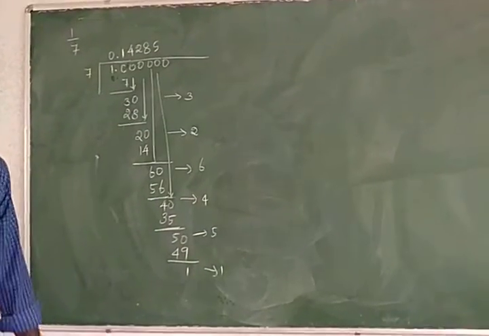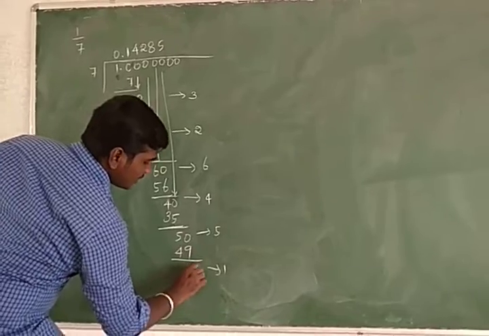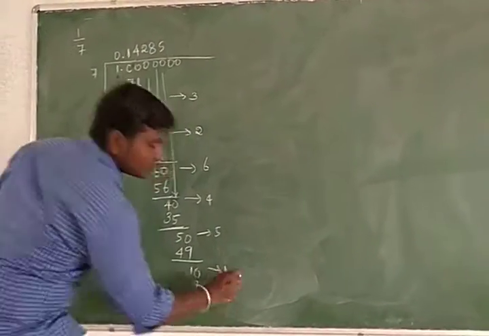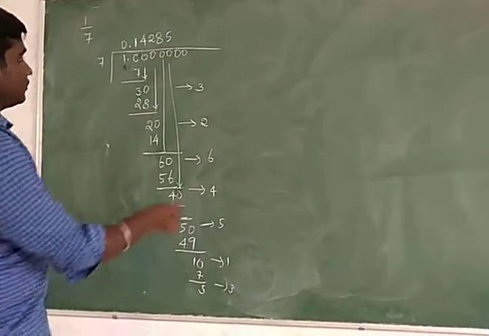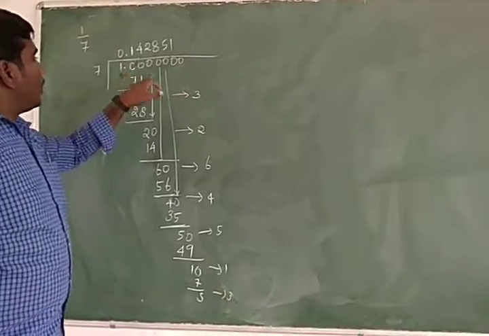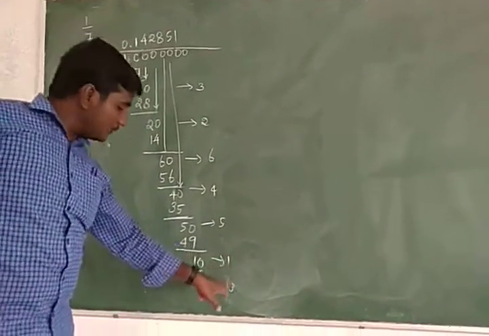Then again add 0. 1 seven is 7. Then remainder 3. You see, the remainders here are 1, 3, 2, 6, 4, 5. Then again 1, then next 3.